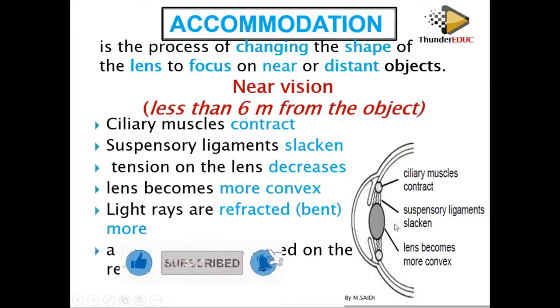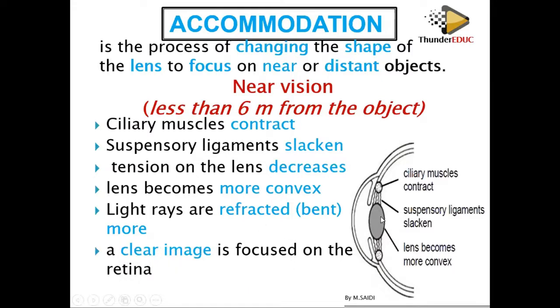If the lens is big, it means that it's more convex. Then what is attached to the lens must relax or slacken, which is the suspensory ligament. And if the suspensory ligament slackens, then the ciliary muscles must contract because they work antagonistically.